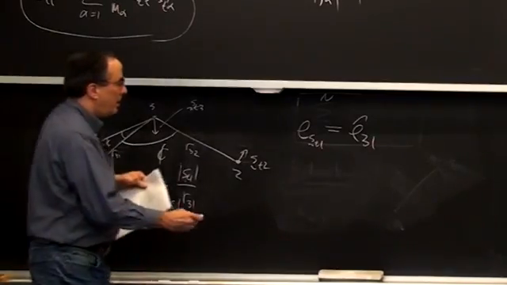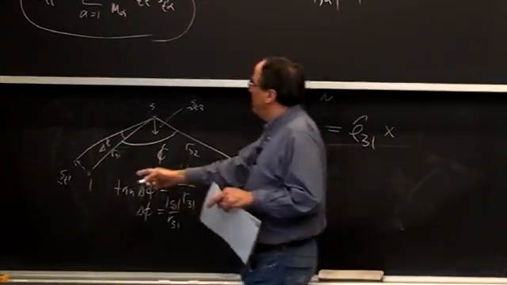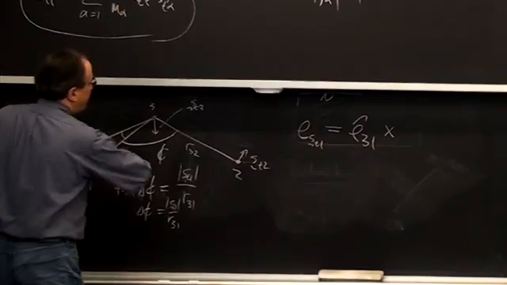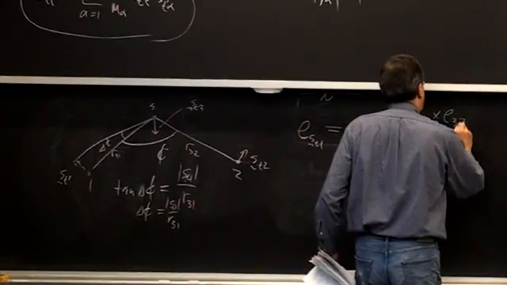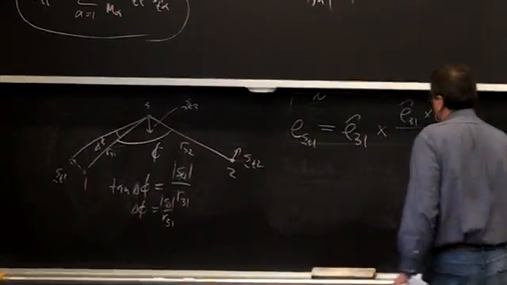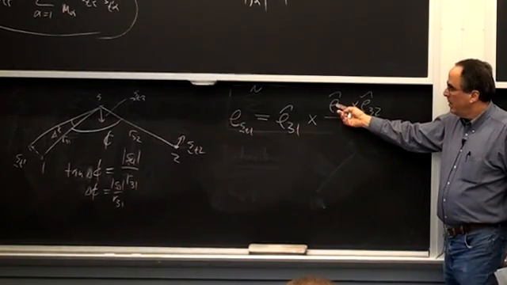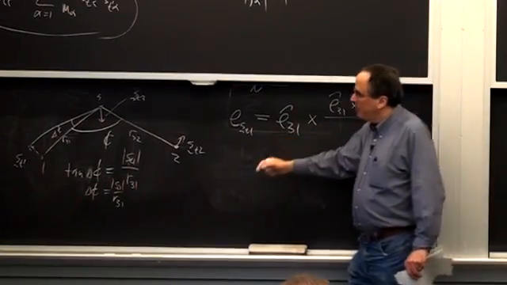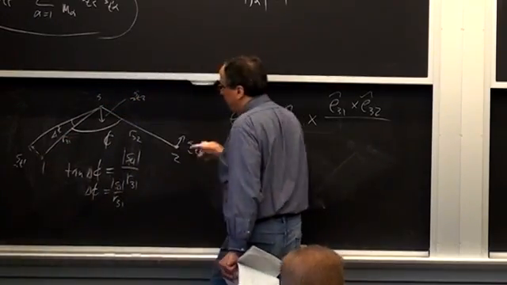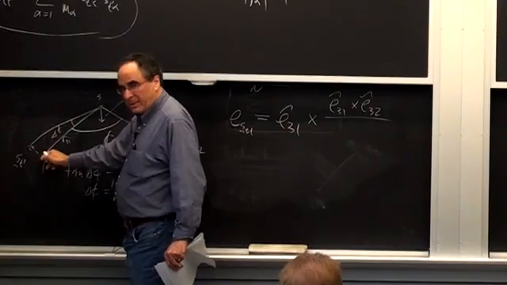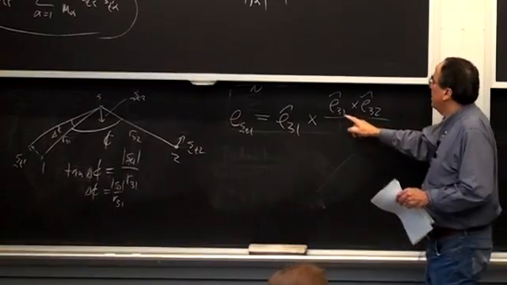And so how do we get the plane of the molecule? Or something that's perpendicular to the plane. Well, we do E31 cross E32. Okay, that's a vector that's perpendicular to the plane of the molecule. And now we have something that's perpendicular to the plane of the molecule and that is also perpendicular to this direction, and that's this.